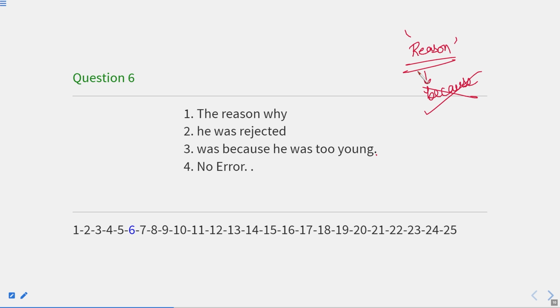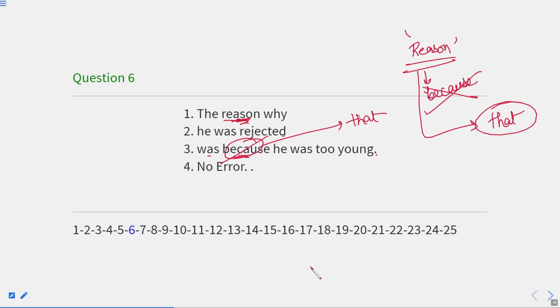Instead, we should use only "that". Why so? Because we are already stating that the reason is this. "Because" is a connector that introduces the reason, but here we have already mentioned the word reason and the reason too. Therefore, this "because" is not needed over here. It should be replaced with "that".